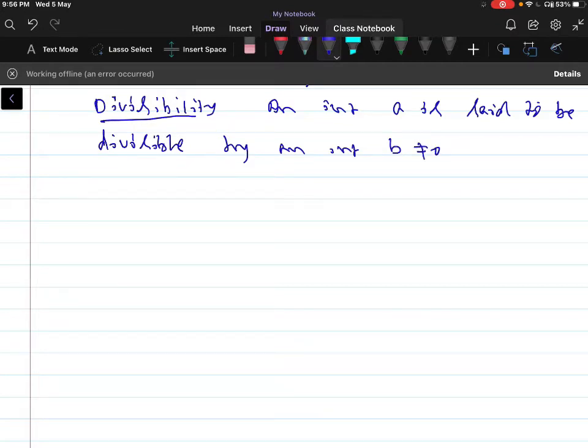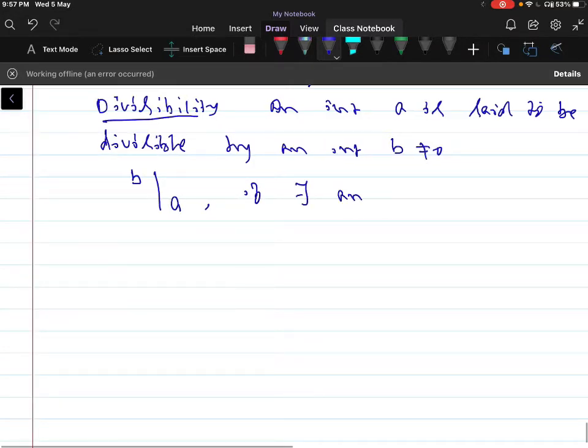Symbolically we write b divides a, if there exists an integer q such that a is equal to bq.